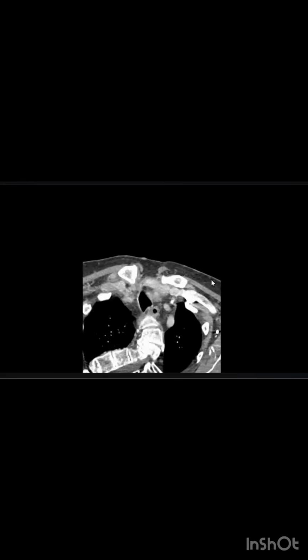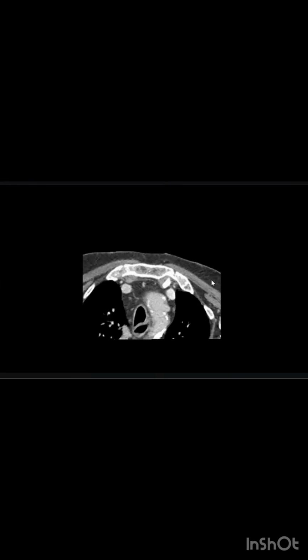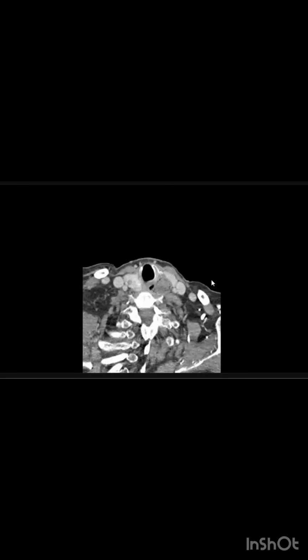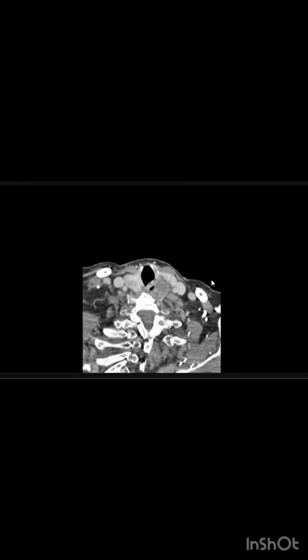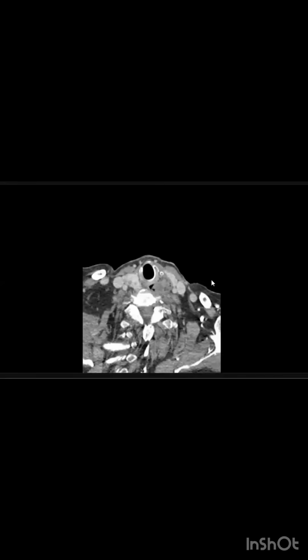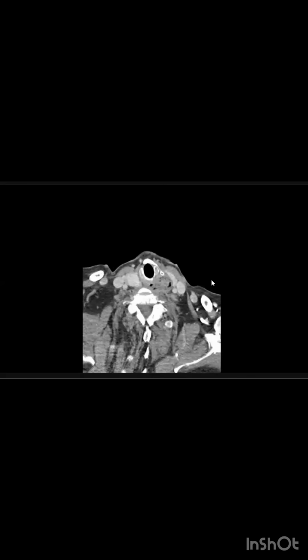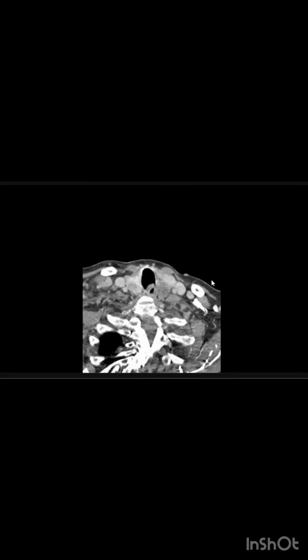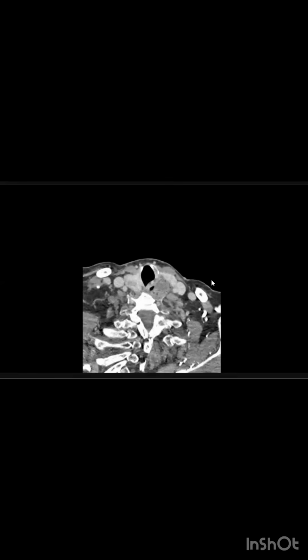As I have scrolled down from the brain to the lower cuts in the neck and upper chest, I can appreciate significant soft tissue thickening as well as areas of air lucencies along the paraesophageal region, causing some mass effect, which is extending into the superior mediastinum with mass effect on the left lobe of the thyroid gland, which appears to be pushed somewhat superiorly.